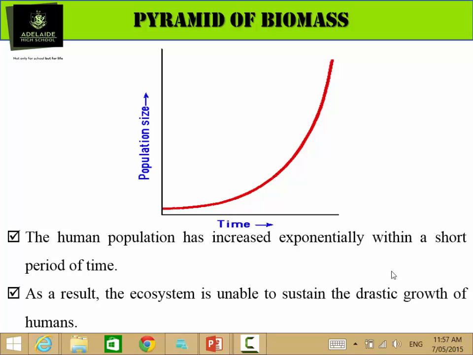This is what we call an exponential increase, a very drastic increase in number as time goes by. It is not the normal curve where everything goes up slowly and steadily to produce that beautiful balanced ecosystem. As a result, the ecosystem is not able to sustain the drastic growth of humans. This is what we're talking about, the human population, the booming structure of it.